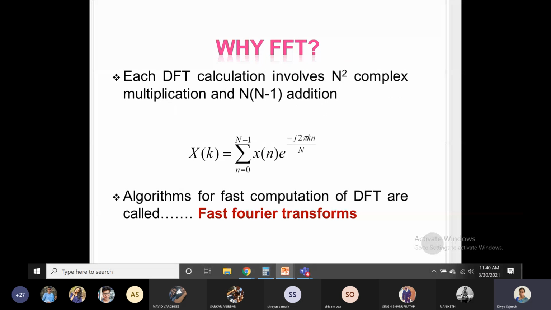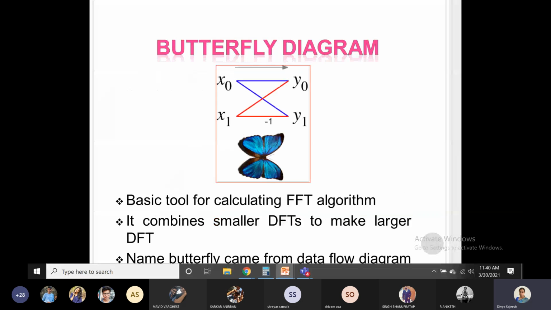Since it is doing that with fewer steps, the process becomes fast. That is why it is known as fast Fourier transform. In the algorithm, the main building blocks are the butterfly diagrams. Using these butterfly diagrams, we obtain the discrete Fourier transform.